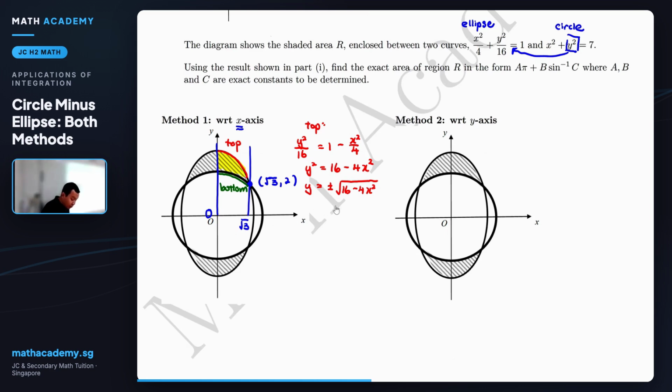If you're integrating with x-axis, you need to make y the subject. So same for that bottom curve, but it's easier because this is a circle equation. I make y squared the subject first. So y will be plus minus square root.